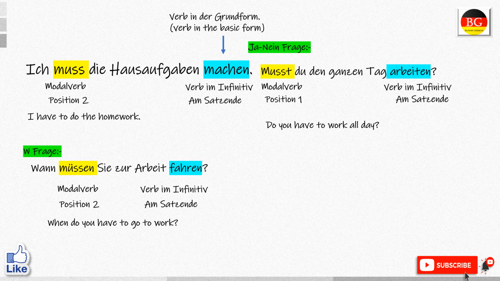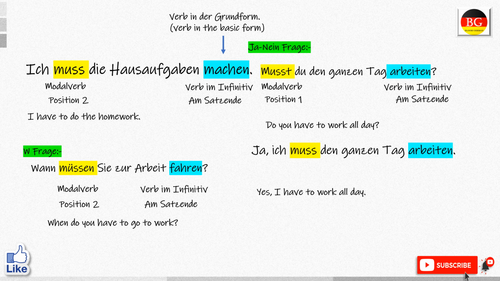Now let us learn how to give the answer to the Ja Nein Frage. Ja, ich muss den ganzen Tag arbeiten. Yes, I have to work all day. Here, the modal verb takes the position two, and the main verb in infinitive comes am Satzende.